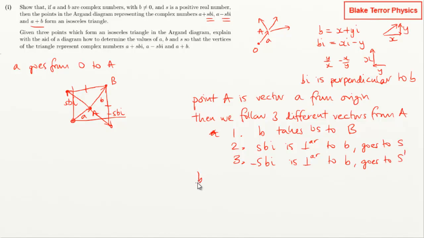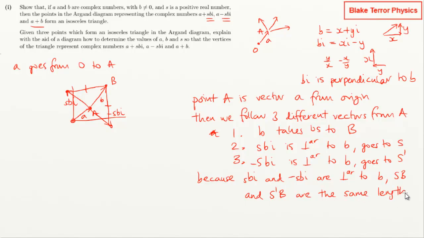Then we can say because SBi and minus SBi are perpendicular to B, SB and S prime B are the same length. Therefore triangle BSS prime is isosceles.